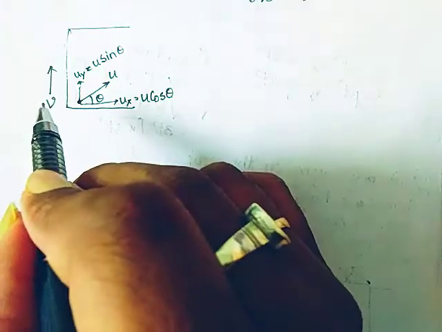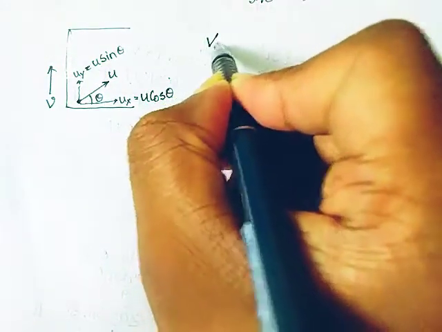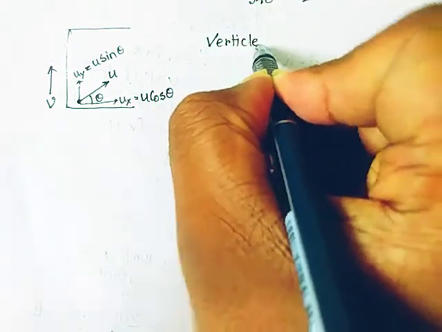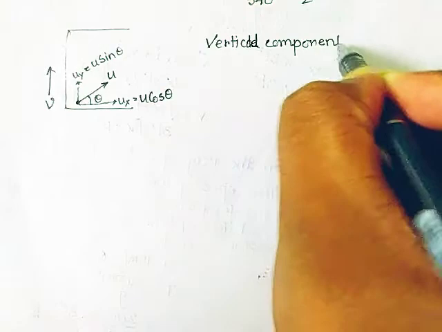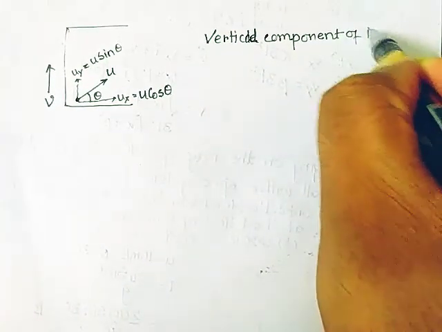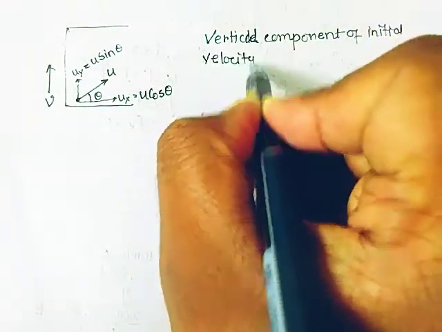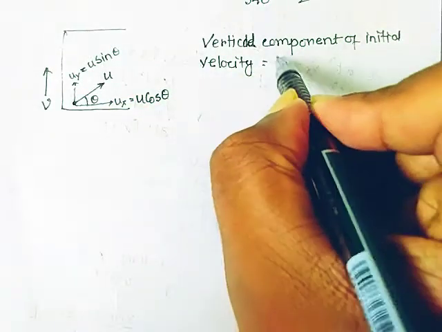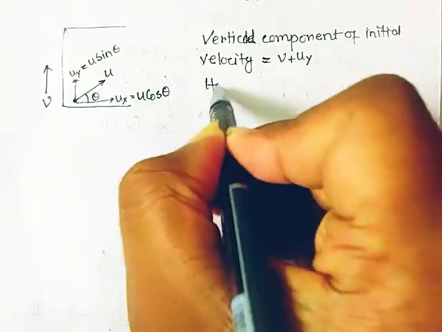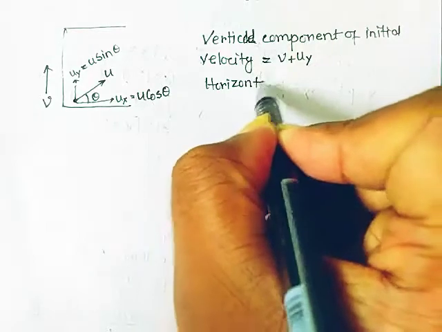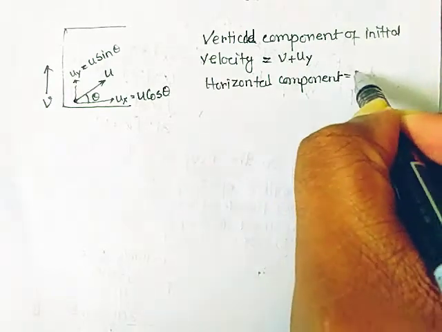But since it is inside the lift, the vertical component of initial velocity will be v plus uy, and the horizontal component will be ux.